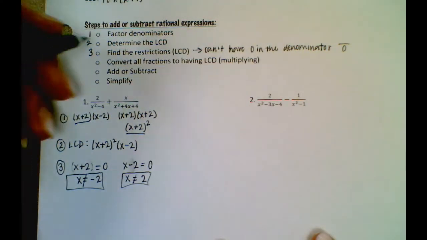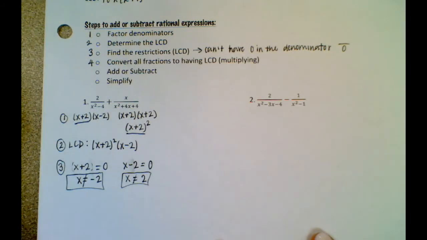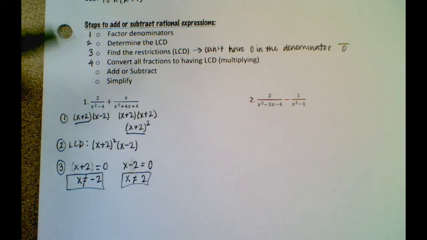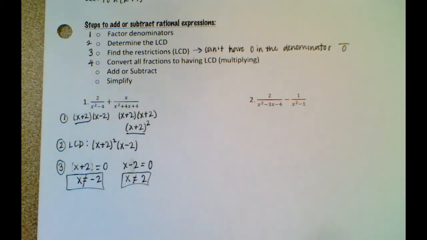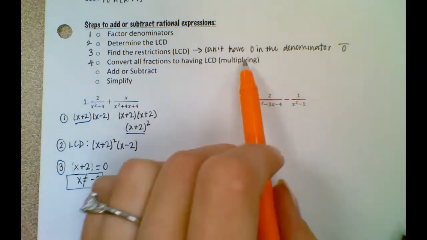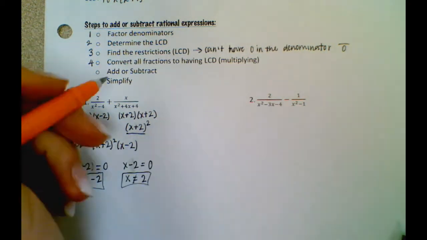And then step 4 is convert all fractions to having the least common denominator. So you want to multiply each term by the least common denominator.